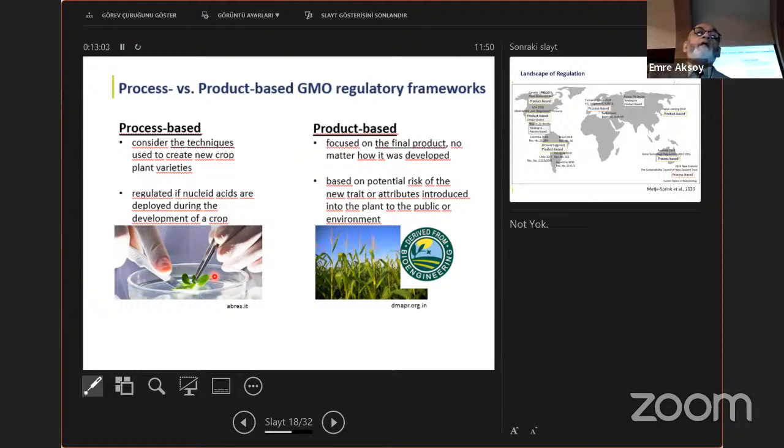So they inquire about which process was used, then it is regulated if nucleic acids are deployed during the development of a crop. And in product-based, they focus on the final product, no matter how it was developed, based on the potential risk of the new trait or attributes introduced into the plant to the public or environment.